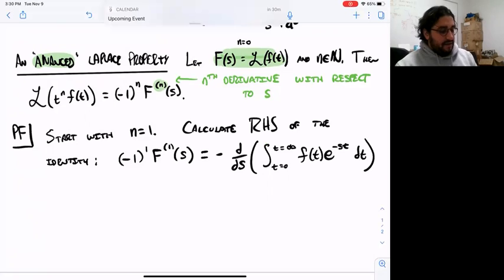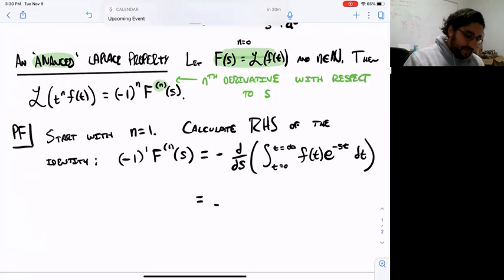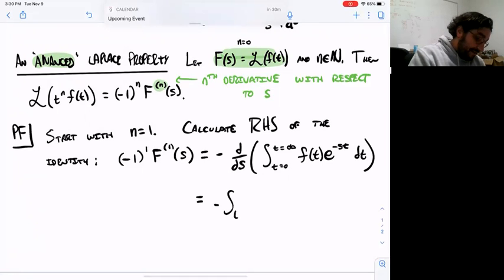Right. And I was saying, okay, we're taking the first derivative of the Laplace transform, the integral of the function times e to the minus st. Then what I want to do is something that isn't super obvious at all, but it turns out it's valid to do this in most scenarios.